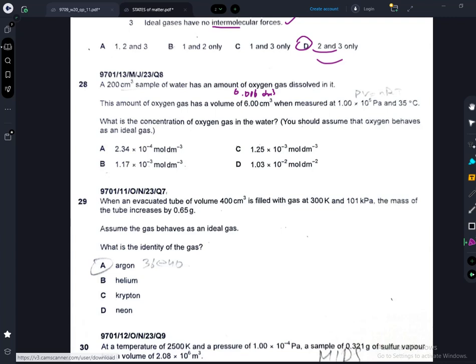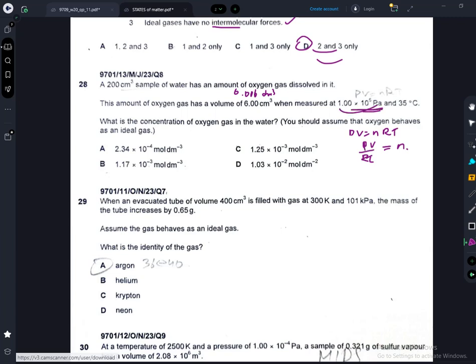So you apply PV is equal to nRT here, with volume 0.006. We have to find the number of moles. PV divided by RT is equal to n. You will take pressure in kilopascals here.